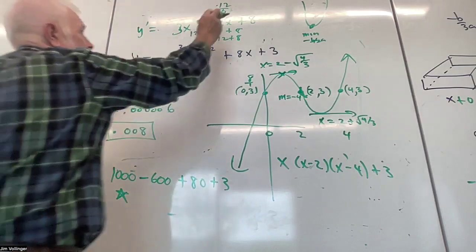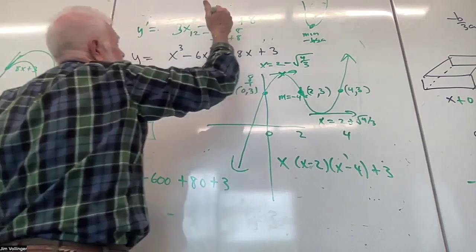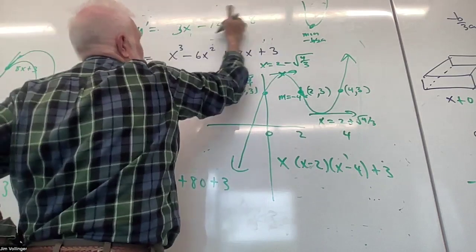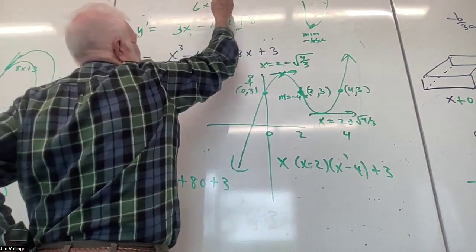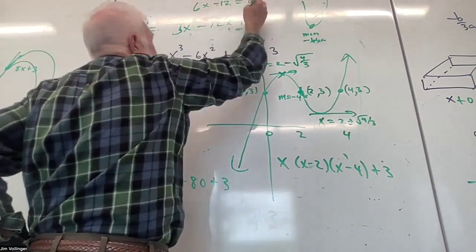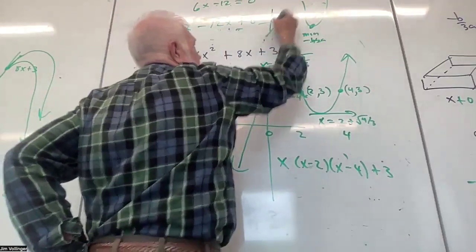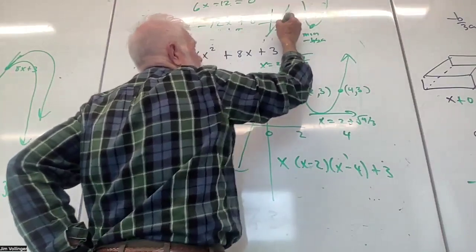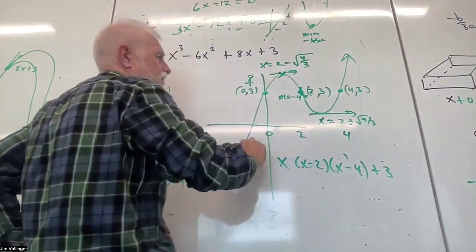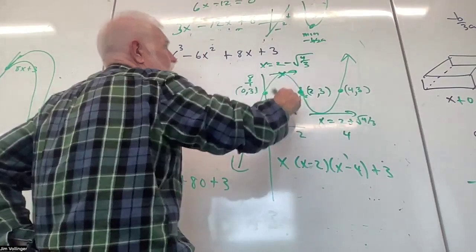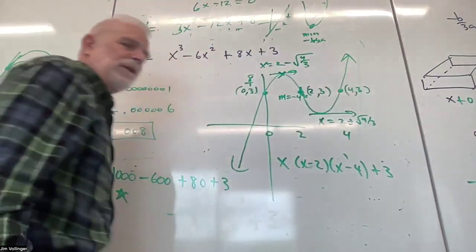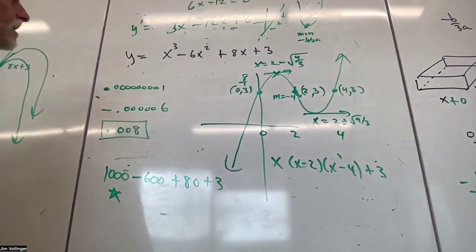So the calculus sounds good. And if I were to take that derivative, I would get, so where the heck am I? I'm here. I'd get 6x minus 12. And when does that equal 0? That's x equals 2. 6x minus 12 goes from negative to positive at 2. And so I have negative acceleration. That's why it's concave down. And then positive acceleration. So it seems to be matching up nicely.